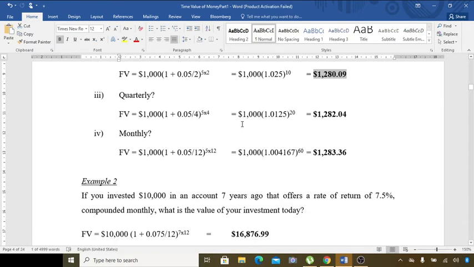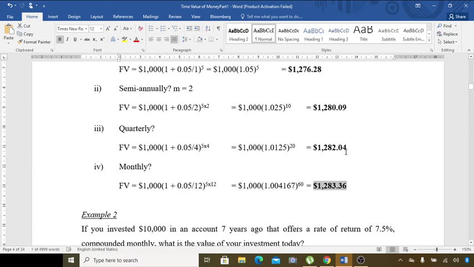And if you do the same for quarterly, now M becomes 4. So the J here is 0.05 divided by 4, and your n up there is 5 times 4. So it becomes 1000 times 1.0125 to the power of 20. It becomes 1282.04. And for monthly, now M becomes 12. Your future value becomes 1283.36.